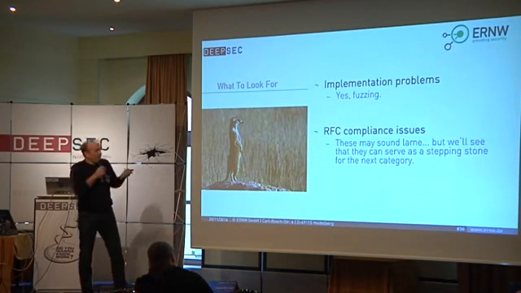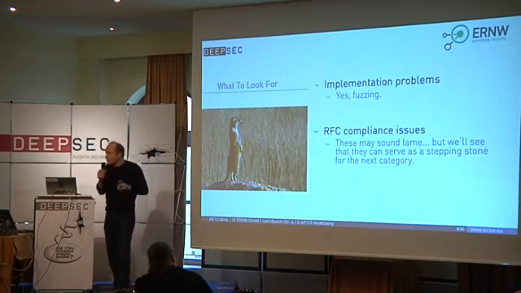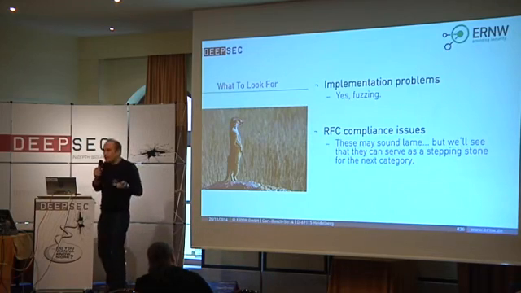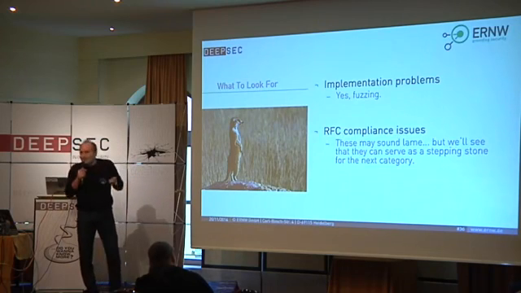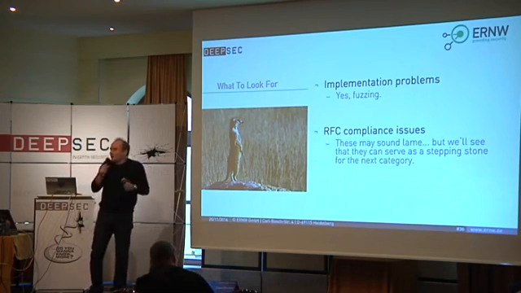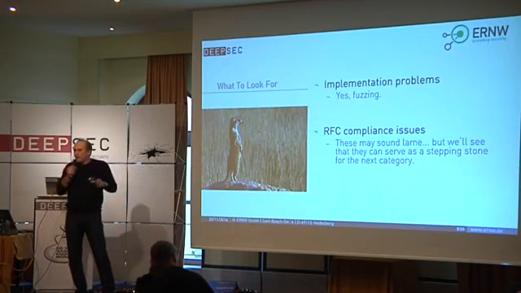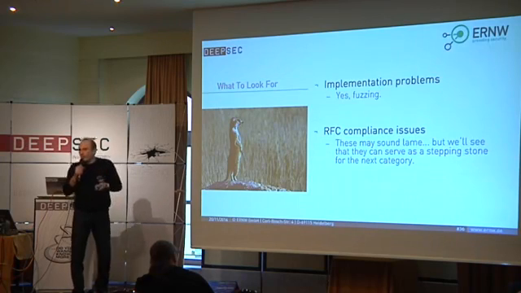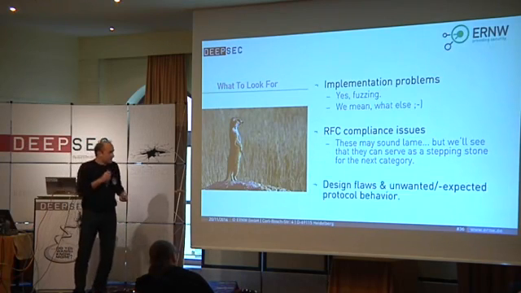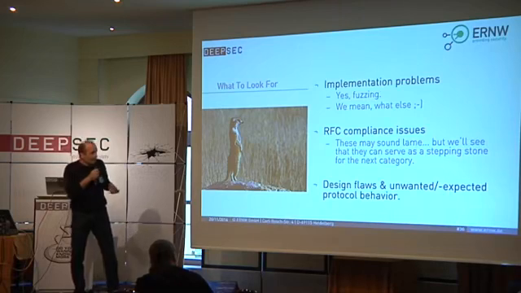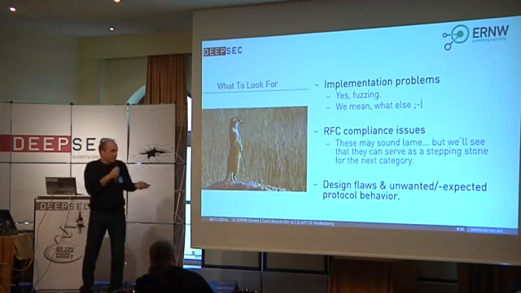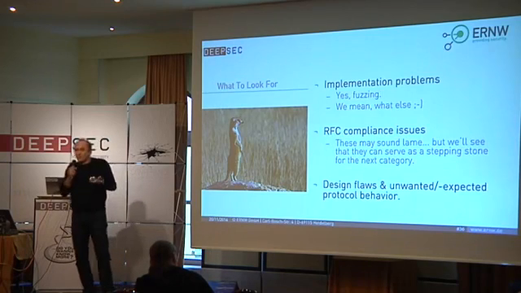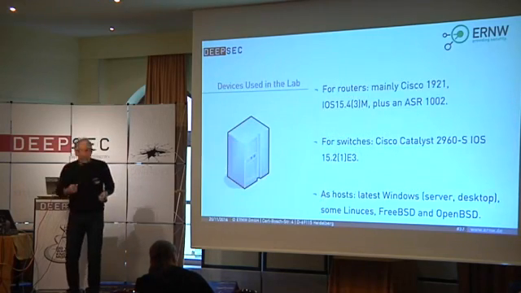Moreover, are there any RFC compliance issues? Do they respect RFCs? If you think that, okay, this is lame, it's not that important, well, it turns out that in some cases you can build on your findings and exploit this RFC non-compliance issue for more malicious security purposes. And finally, we were also interested in finding design flaws and unwanted or unexpected protocol behavior. This means how to break MLD.